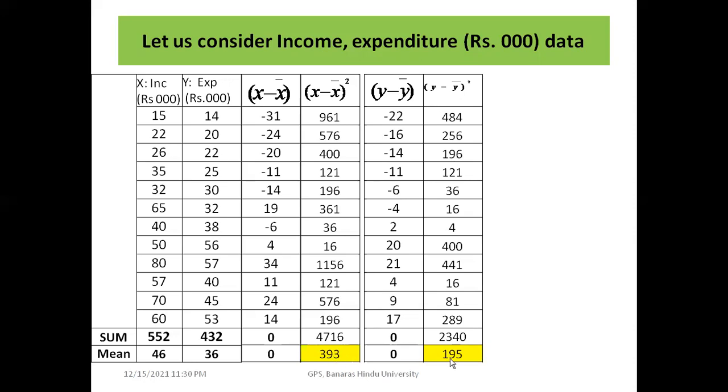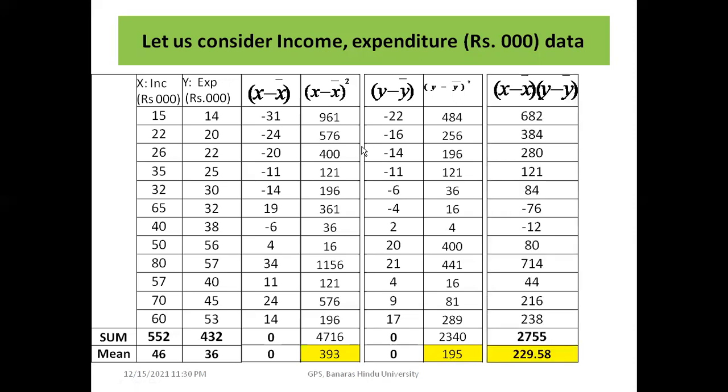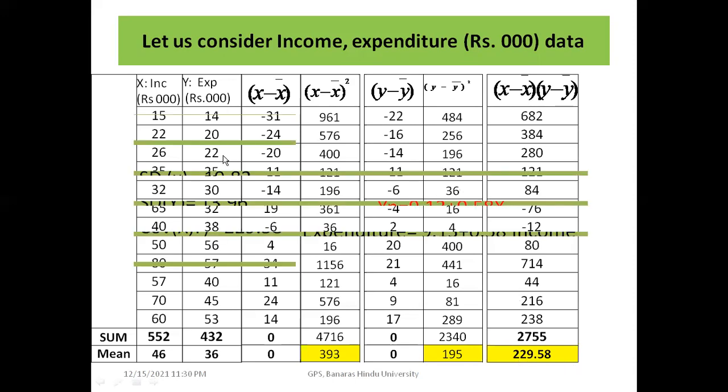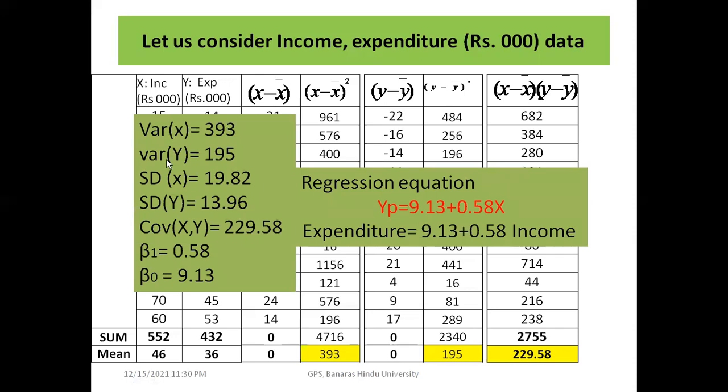Here sigma square Y is 195. Then the covariance, the multiplication of these two, has a mean of 229.58. Variance of X is 393, variance of Y is 195 rupees square. Standard deviation of X is 19.82. After calculation, you will get covariance 229.58.